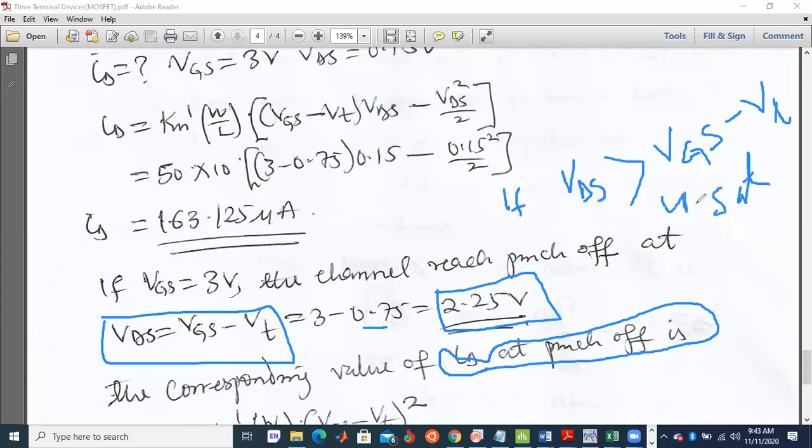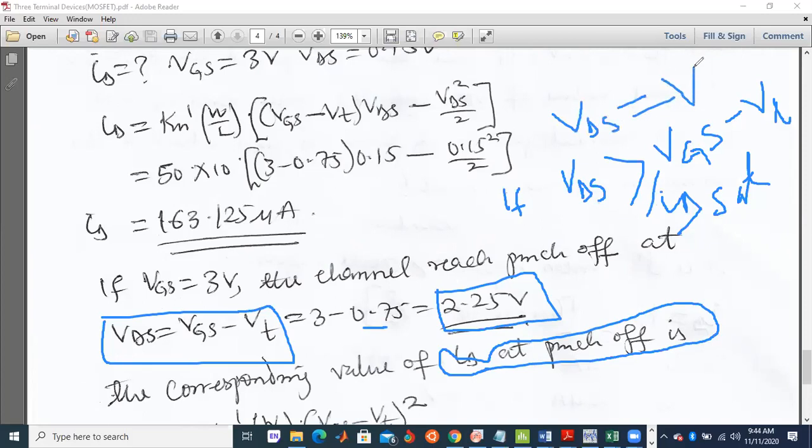That is, you will use ID in saturation. Now come back here. Your VDS is what? 2.25. VGS is 3, 3 minus VT. What do we have? 2.25. It means that, oh sorry, this is greater than or equal to. So it means that your VDS is equal to VGS minus VT.